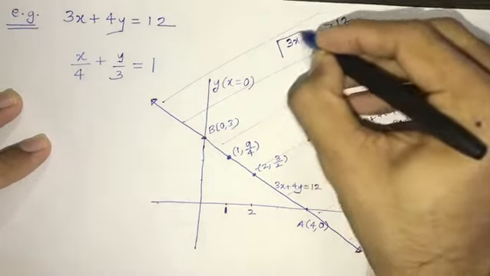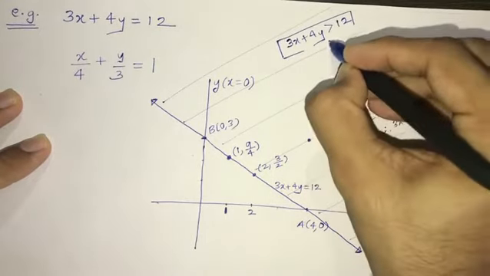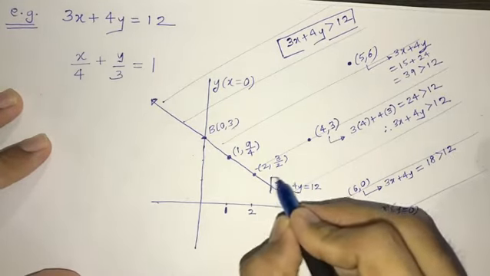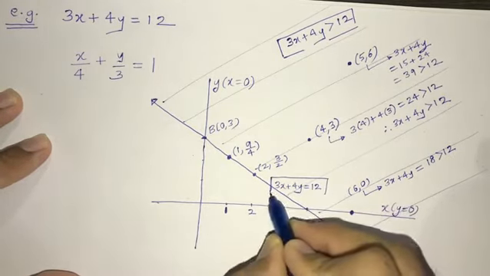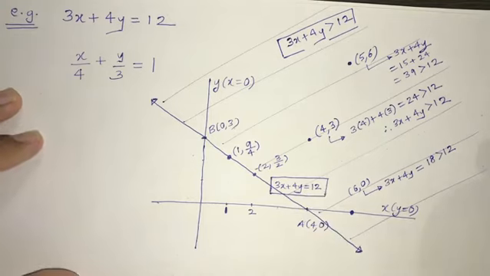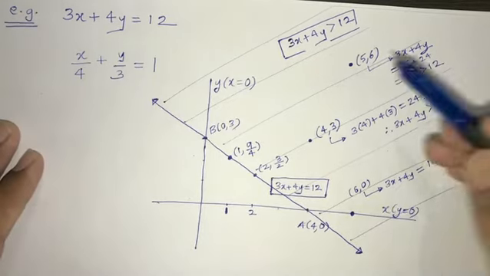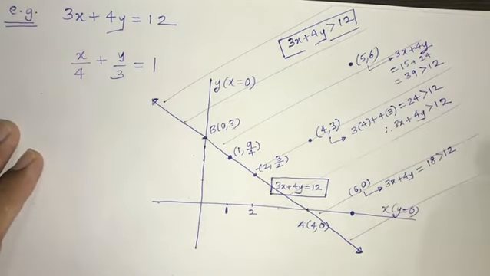For any point on the straight line, 3x plus 4y is equal to 12. There I have shown you these points 1, 2, 3. For the others, it is greater than 12.